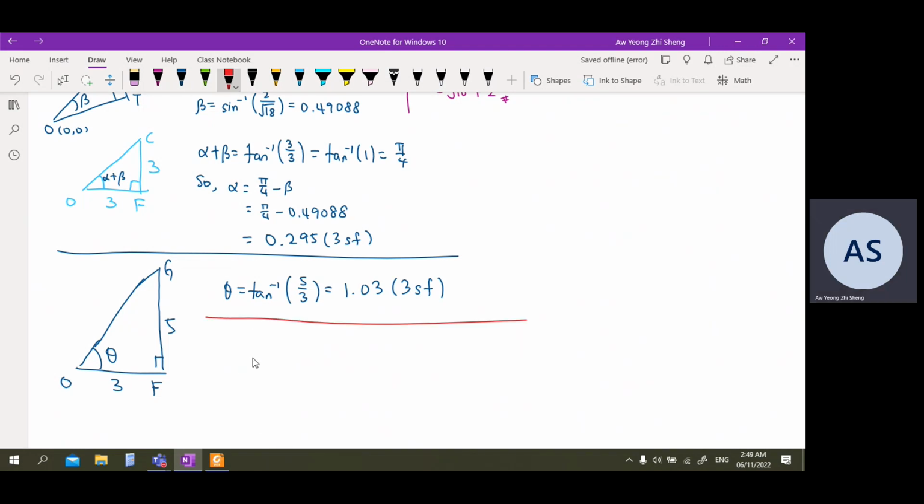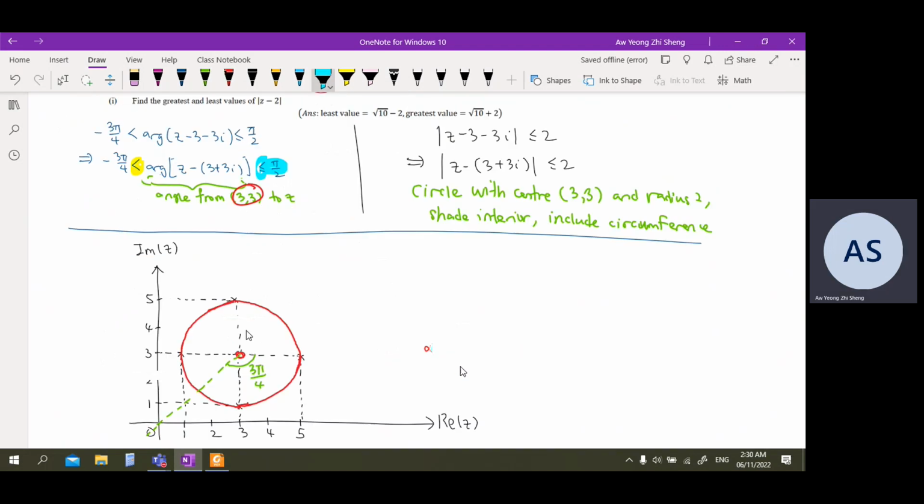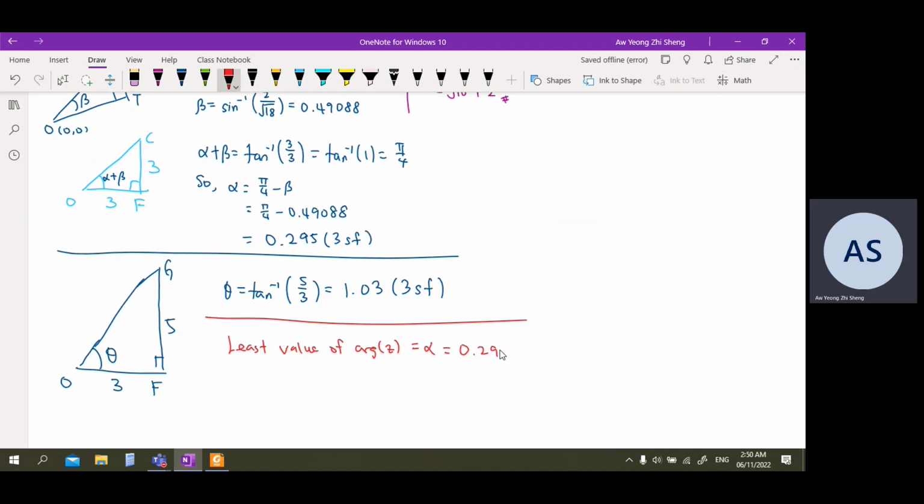Okay, so now we know that the least value of argument Z is actually the alpha according to our diagram. And that would be 0.295 to 3SF. The greatest value of argument Z is actually the theta that we have just calculated.